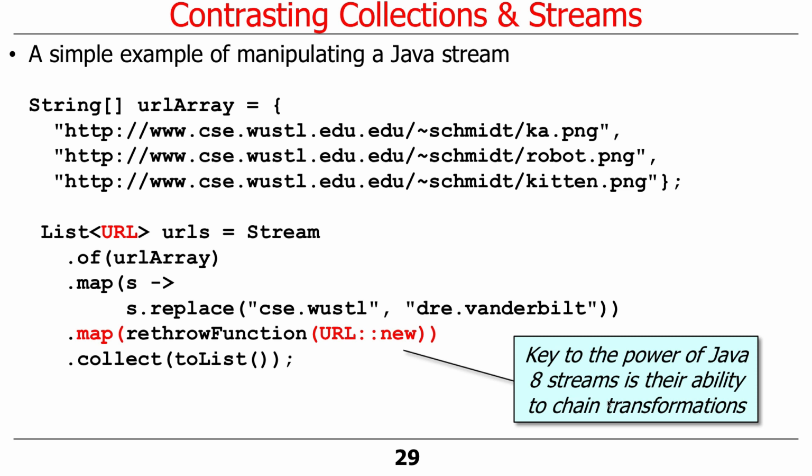Yes, so the question is, can you have intermediate steps. The way you would do that, by the way, is, let's pretend we left the collect off here, right? You would say something like stream of URLs equals stream.of.map.map. You could write that code and put that in another method called something like make URL stream.